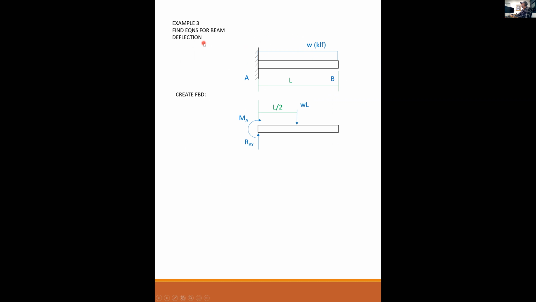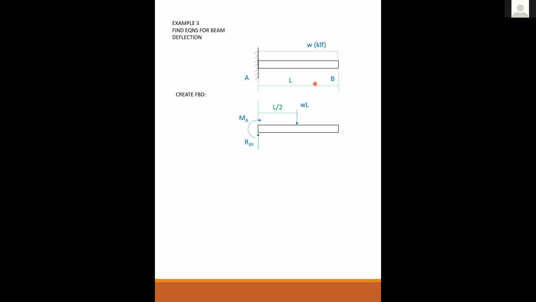But example number 3 solves the whole thing for just W. Example number 4 solves the whole thing for just the end moment. Because of superposition, you can then just skip straight to the end and take the answer for example number 3 and add it to the answer for example number 4. That's superposition.